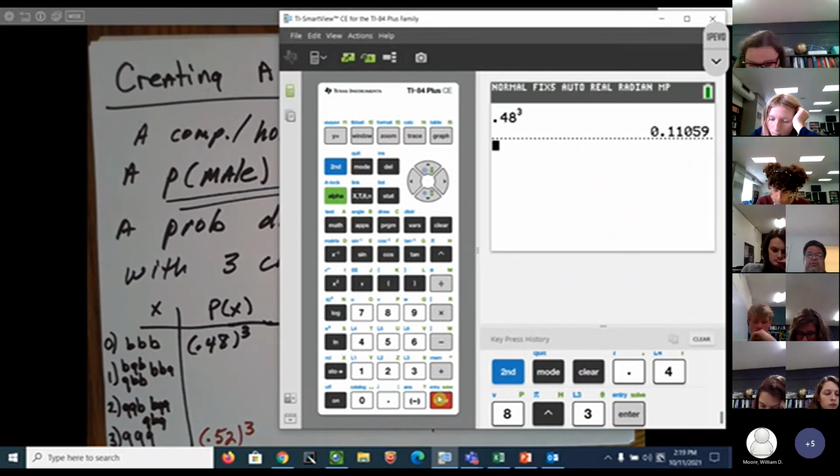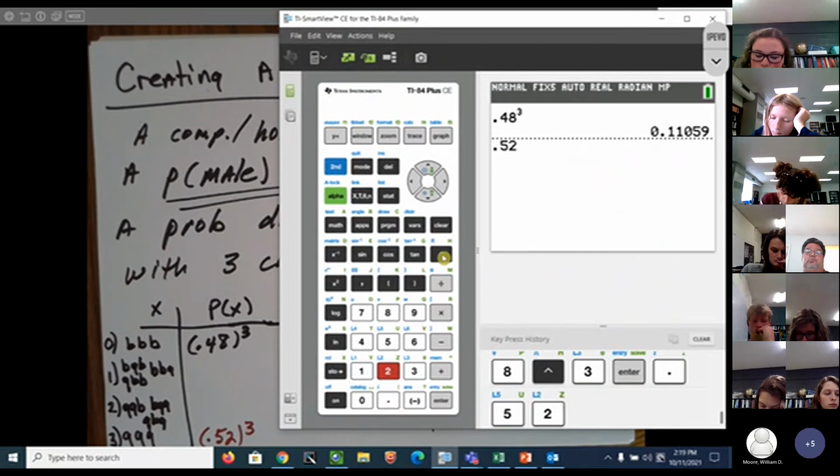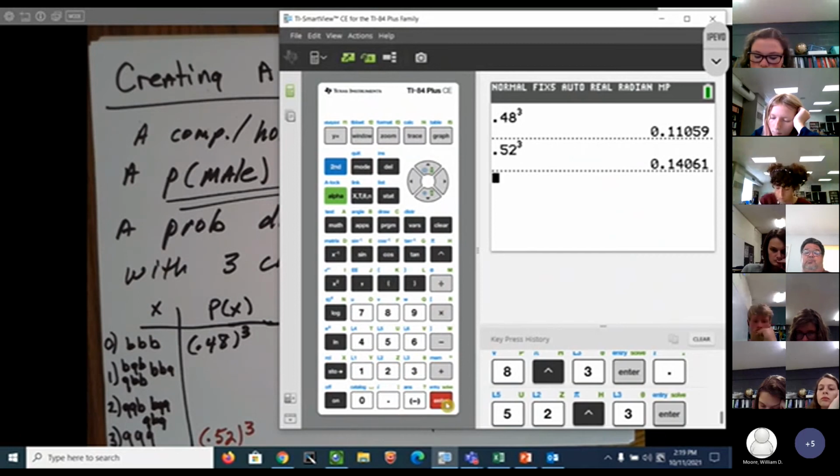And 0.52 to the third power. And I need somebody to give me the middle, give me the 4 digits whenever y'all get it. 0.1406. I'll give y'all another minute.